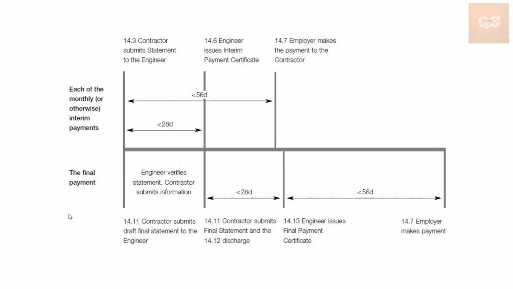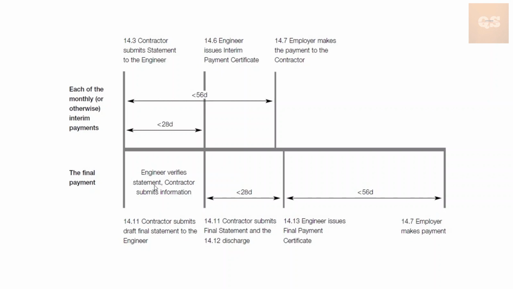Now next we'll see how the flow of final payments happen. For a final payment, initially the contractor submits a draft final statement to the engineer. In the interim payment application, there was nothing like a draft. The contractor will submit the final one, and after the verification, the payment certificate is issued by the engineer or the consultant.